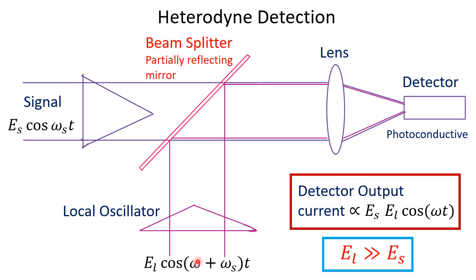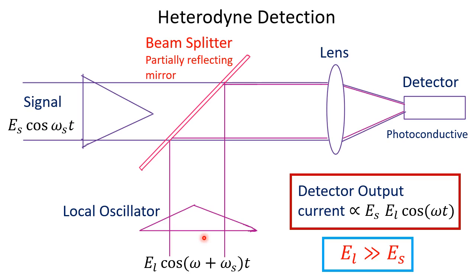The most important aspect to keep in mind is that the local oscillator has to be extremely steady, in the sense that my E_LO is a fixed constant, and my omega plus omega_s is a constant, right? There are no phase drifts of this. There might be phase variation that might happen in a signal, but there is no phase drift or phase variation happening from the local oscillator.